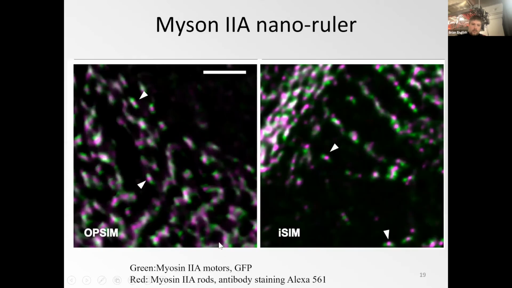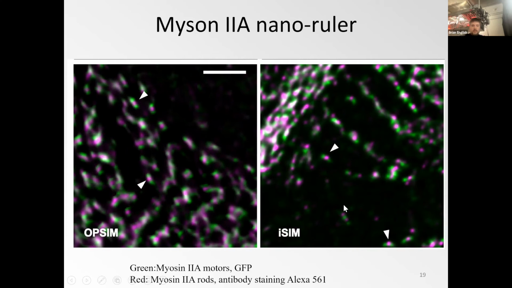The Dylan Burnett lab got in touch with us, and they said they have a biological structure that can serve as a kind of nano ruler, which are these myosin motor complexes. In green are the myosin 2A motors, and in red the rod domains, and they form these assemblies that are 150 nanometers spaced, with two motor proteins flanking a rod.